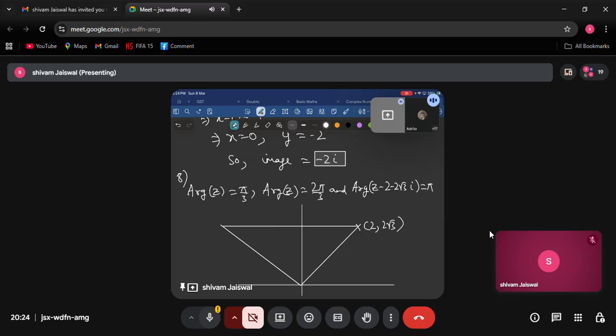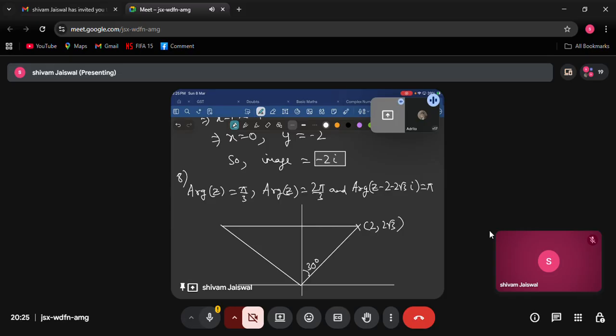Is it isosceles? Tell me everyone. What is the answer? Yes. So this is very easy. Yes, Shivita, your answer is correct. So everyone, we just need to find out the perpendicular. So if this is 60 degree, this is 30 degree, right everyone?